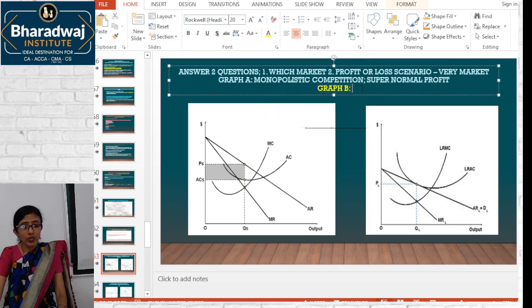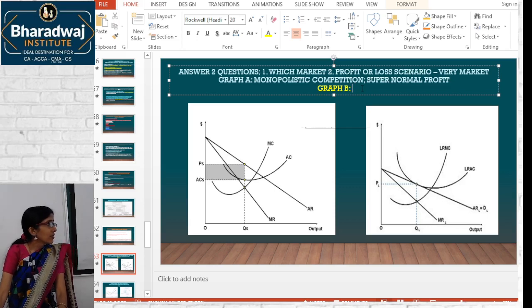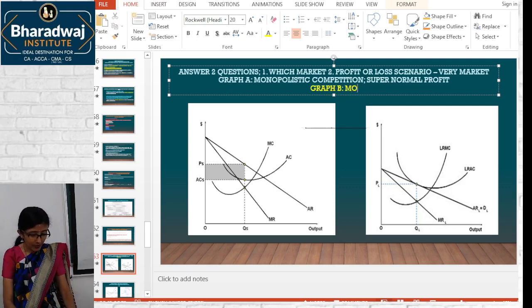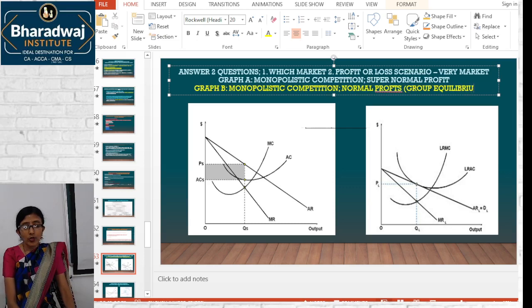If somebody wants to say something, yeah, please. Deepak or Bharat wanted to say something. Do you remember the group equilibrium model?